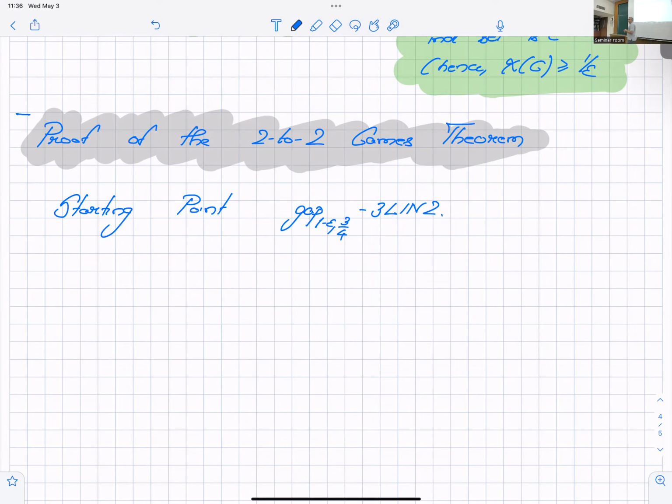That will be our starting point. This we already know how to prove NP-hardness. There will be some requirement on how small epsilon should be; that will come out later on. These are arity 3 linear equations, basically of the form x_i plus x_j plus x_k equals b, a bunch of such constraints.